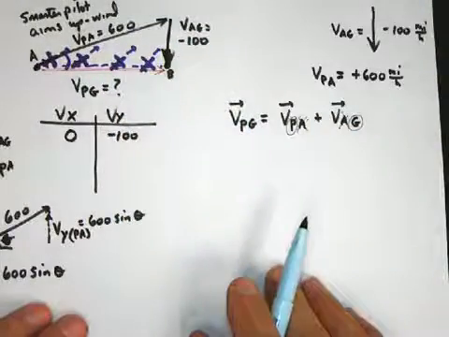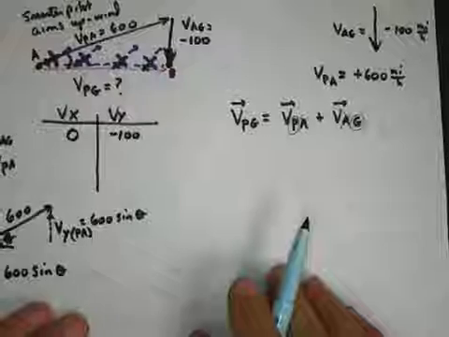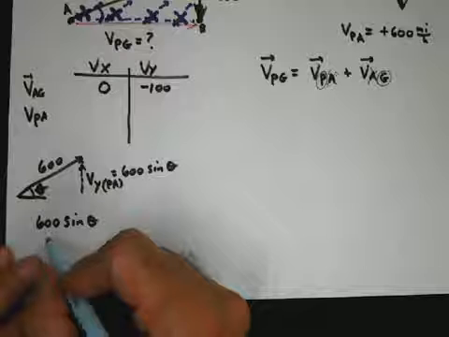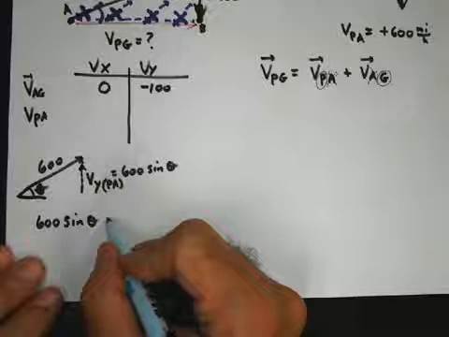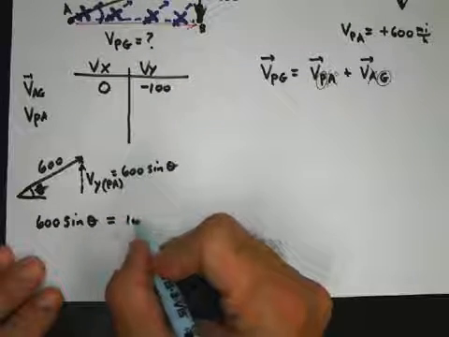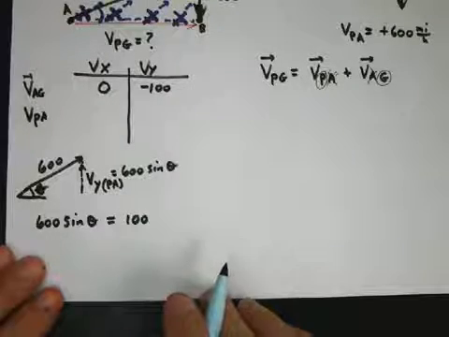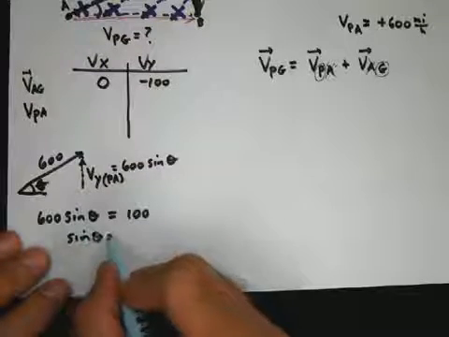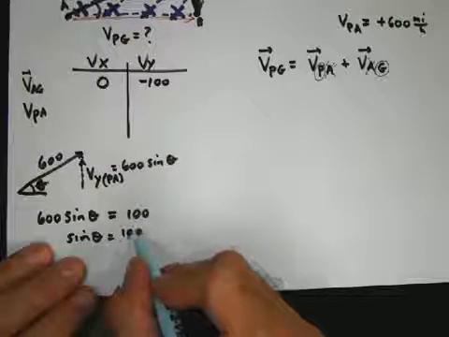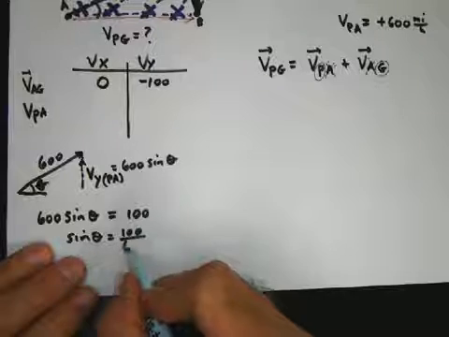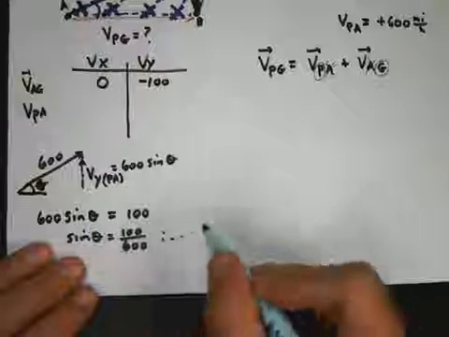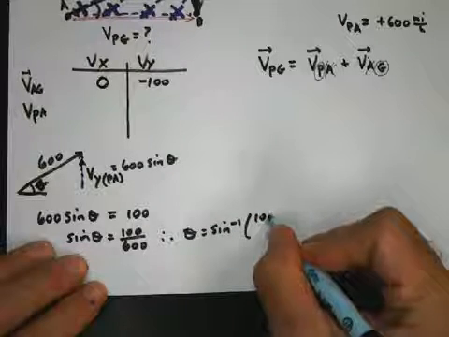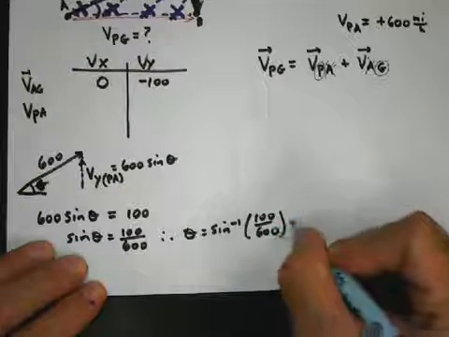So the vertical component is equal to 100 miles per hour. Then we can rearrange: sine theta is equal to 100 over 600, and therefore the angle is the inverse sine of 100 over 600, which gives us 9.59 degrees for this angle right here.